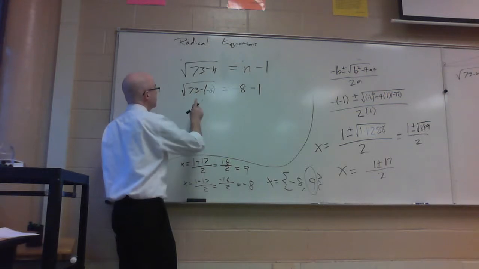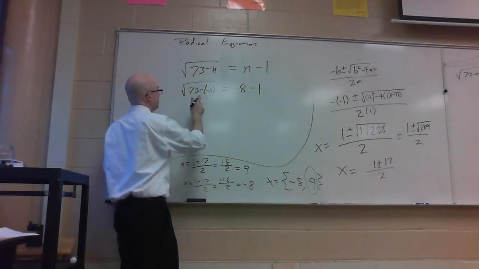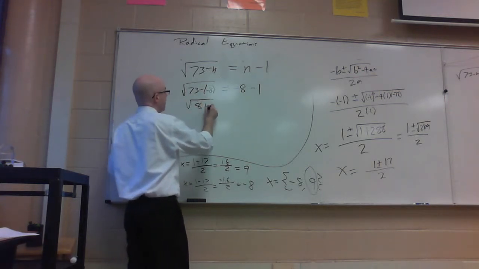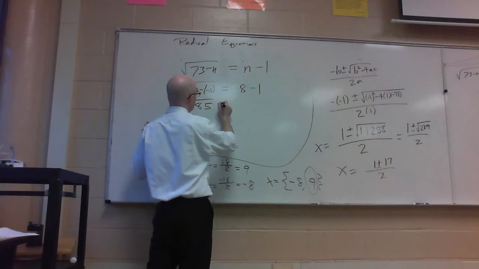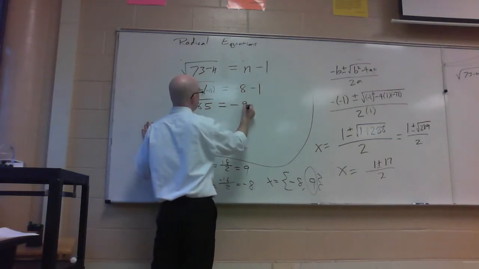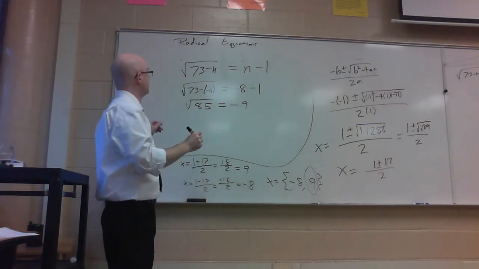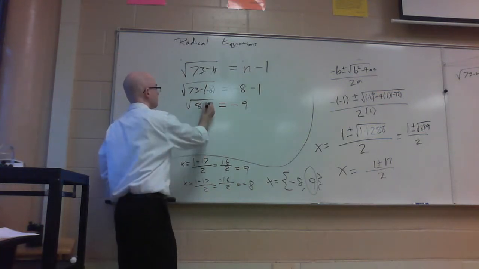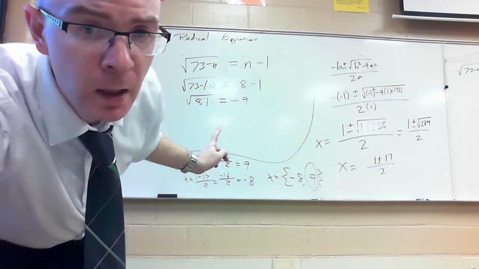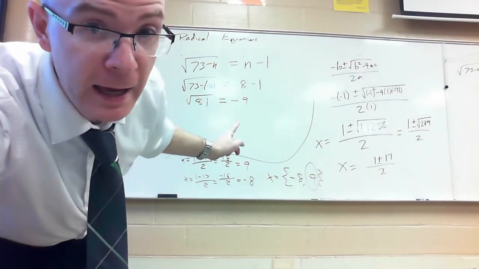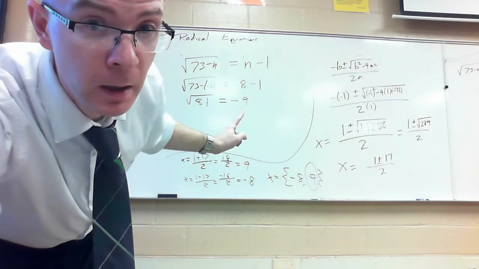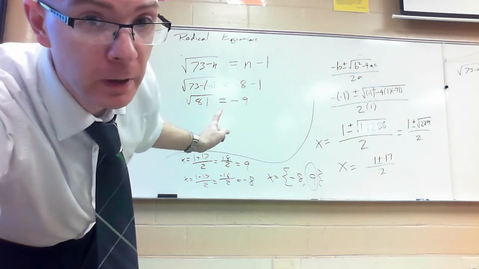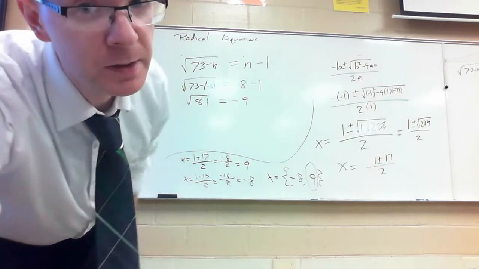I've got square root of 85 is equal to negative 9. Not 85, I'm sorry, 81. Now we don't want that to be there. The square root of 81 we would like to be positive 9. Since it's giving us a negative, we have to rule this out.